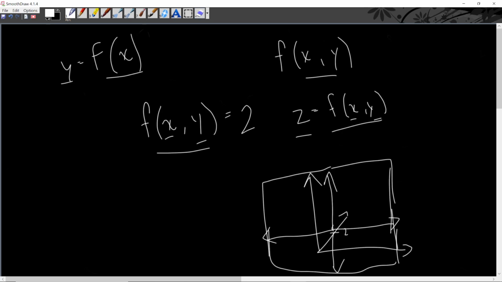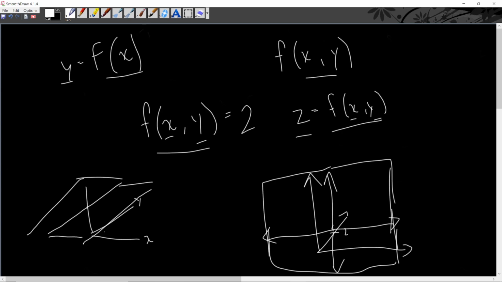And from here, I might even try to rotate my drawing, not actually, but if we say that this is the xy, and then this is the z, and we have this square, because again, this is going to be a square. I'm not great at drawing 3D things. It's more like just saying them. But this is what the graph z equals f of xy is going to look like, right?